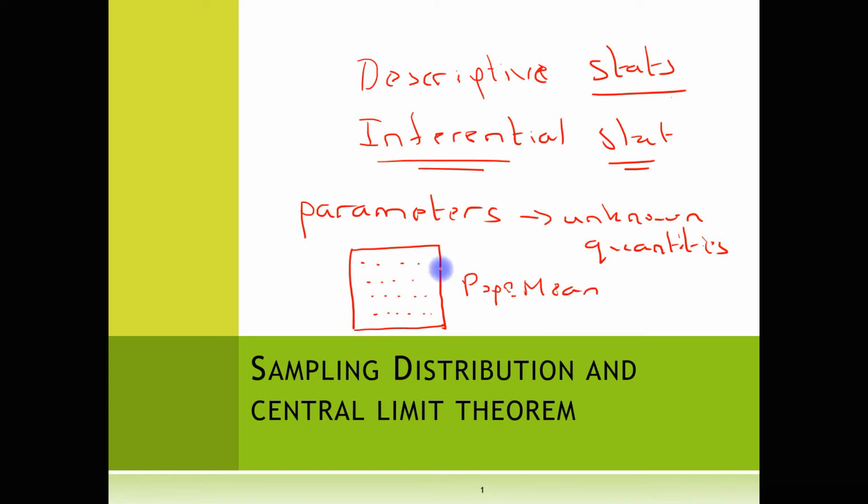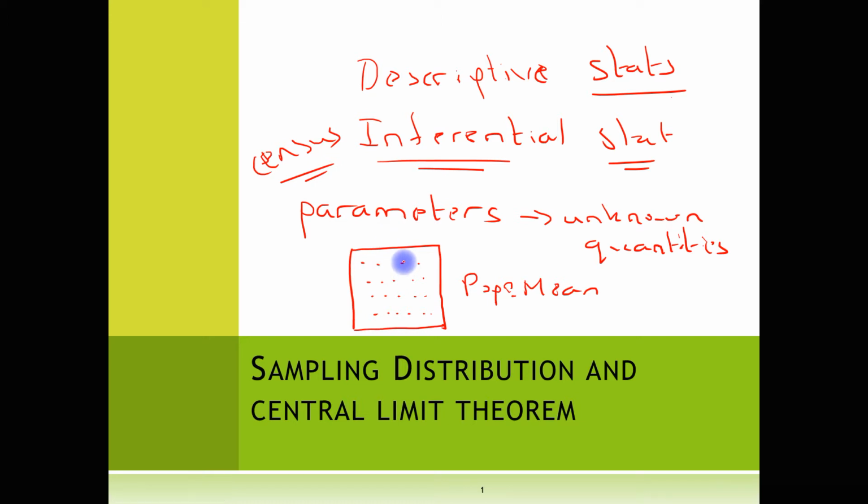But I think you would understand that such things are rarely done. We don't go and collect data from a whole population in a general context. That's very rare. If you do that, you are doing what we call a census, but this is not something that is done generally, for obvious reasons which I'm not going to discuss here.